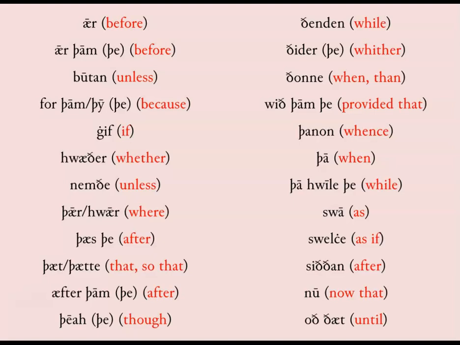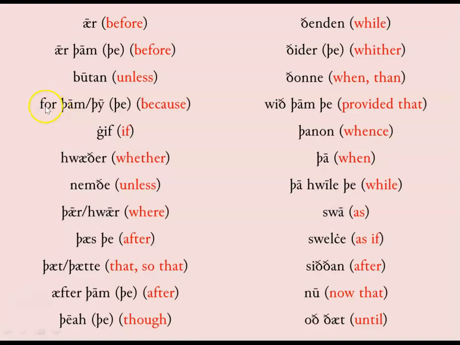Now, some examples of subordinating conjunctions: ær, before; ær thæm, or ær thæm the, before; butan, unless; for thæm, because; or for thy, because; or for thæm the, because.